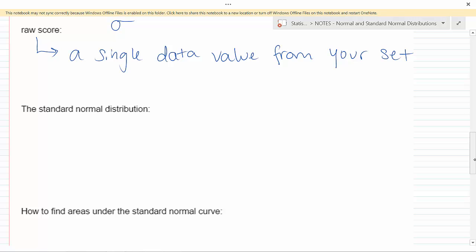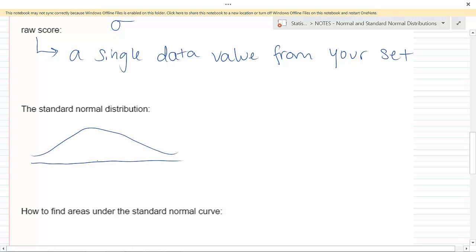Now, the standard normal distribution is a type of normal curve. I think Sarah and Sadie did a really good job explaining this in their presentation, where they showed you a normal curve first. Let's say here's a normal curve with a mean of 70, and let's say it has a standard deviation of 10. Then our points of inflection would occur at 80 and at 60.